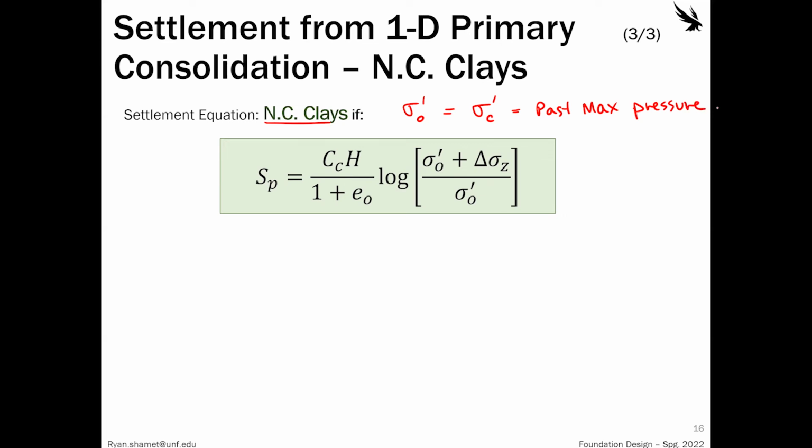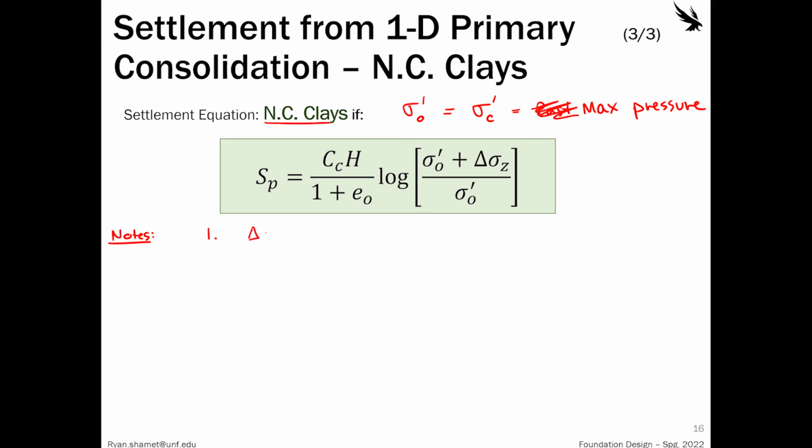Of course, though, if this was your past max pressure, then it should just be your current max pressure. So there are a few notes that are important to remember for this equation, besides it being only for normally consolidated clays.